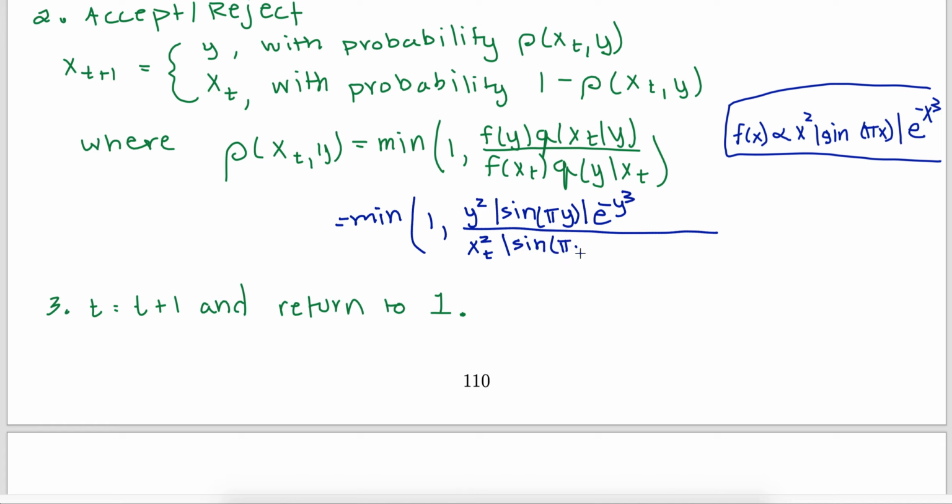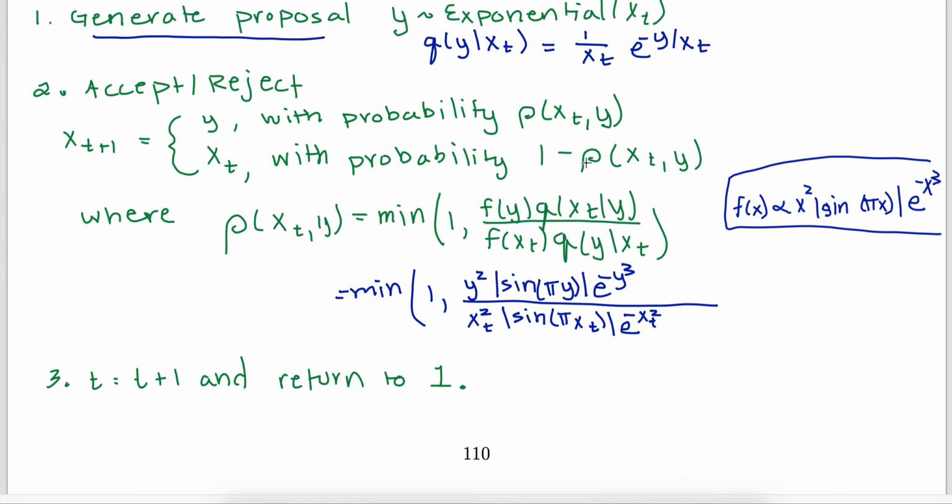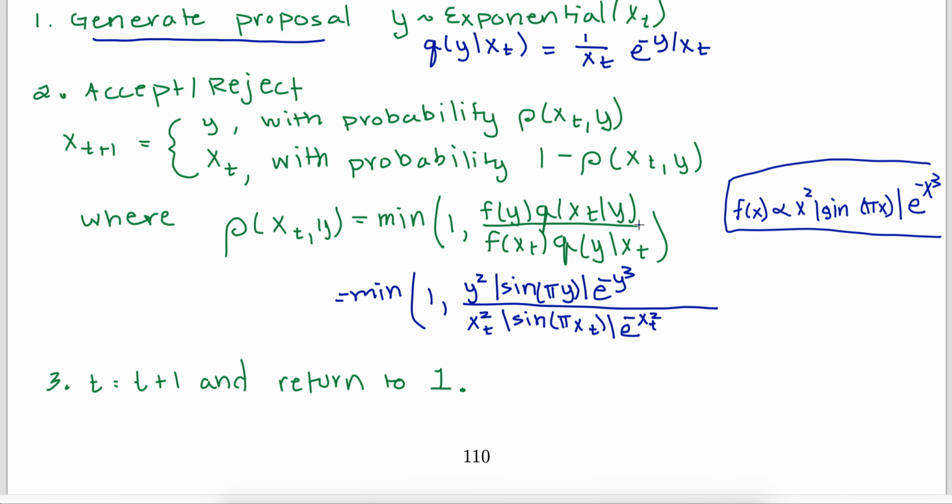We had that intuition earlier. We were kind of looking at this ratio of what is more likely, our current position versus the proposed position. And then the second piece here is our proposal distribution. So we jotted that down a moment ago. That was our exponential PDF. And so in the numerator, the variable is xt, the parameter is y.